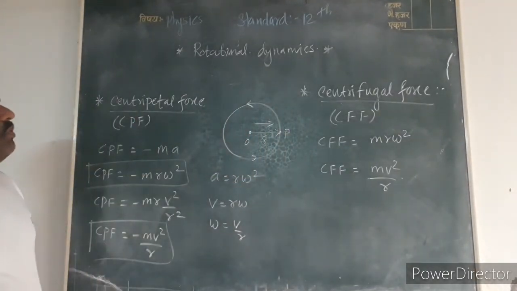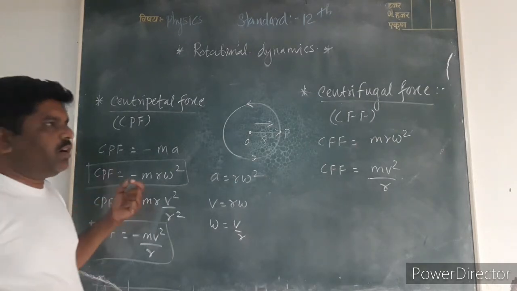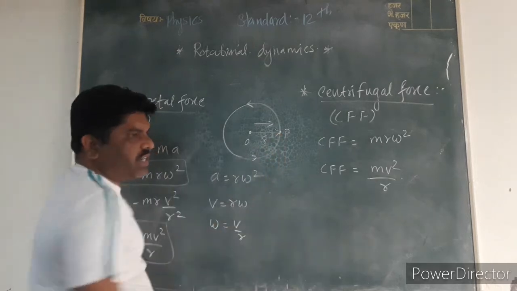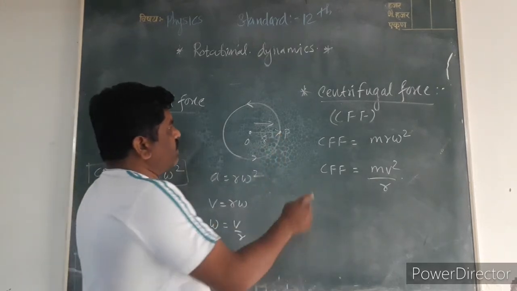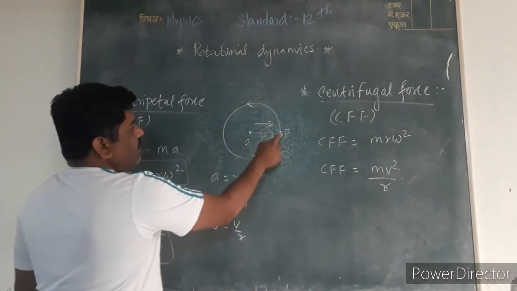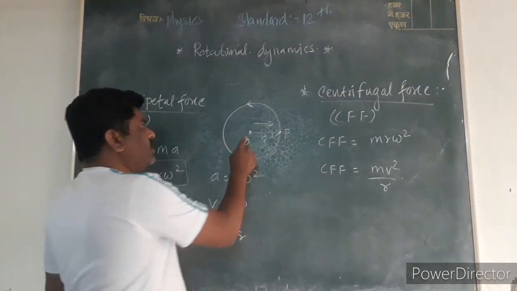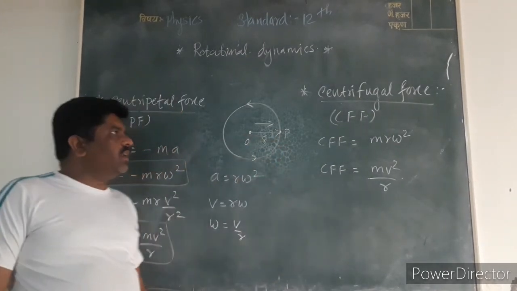Between centrifugal force and centripetal force, there is some small difference. Centripetal force is directed from the particle toward the center, but centrifugal force is directed from the center away from the particle.